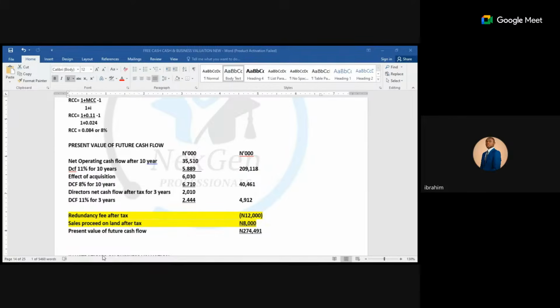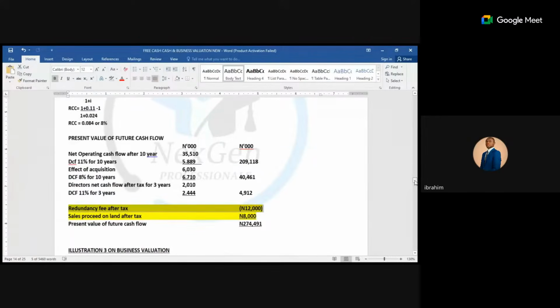It is their company, so it should be added to their cash flow, right? Okay. But we put it in brackets. This is the redundancy fee that I put in brackets here.